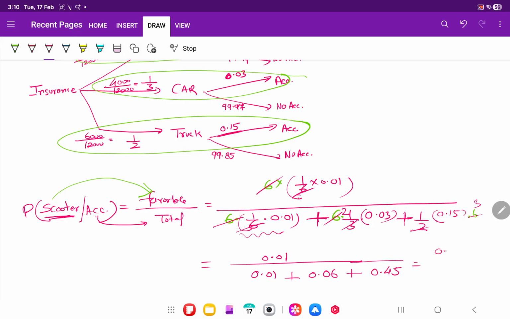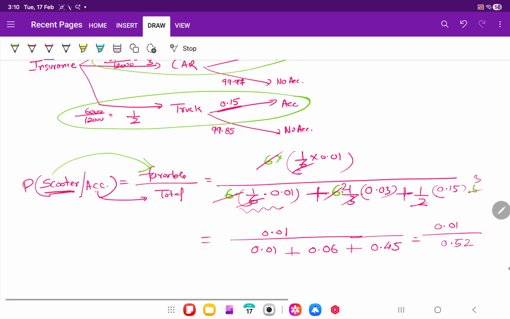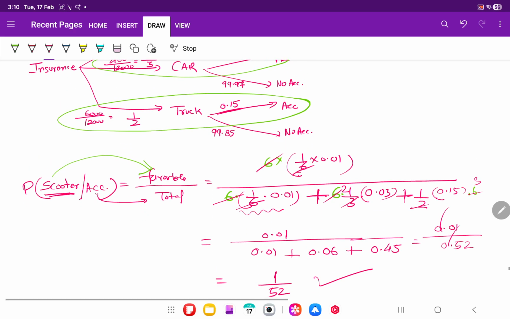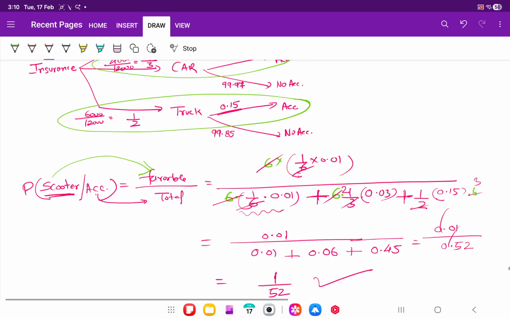So 0.01 by 0.52 will come out to be 1 by 52. So there is 1 out of 52 chances that the accident will happen, and it was done by scooter. Okay.